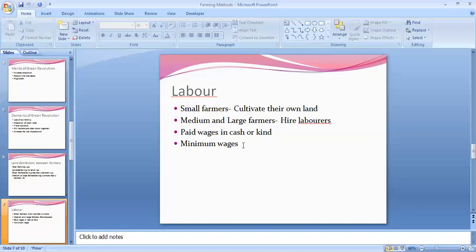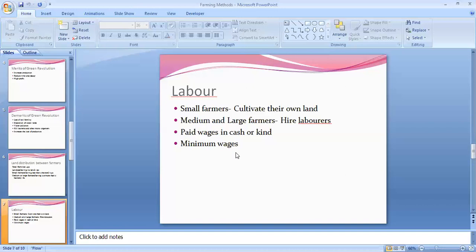And the minimum wage for a farm laborer set by the government is rupees 300 per day. This is the minimum wage which is set by the government.